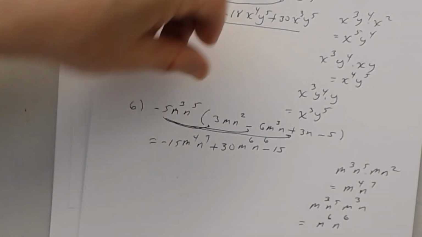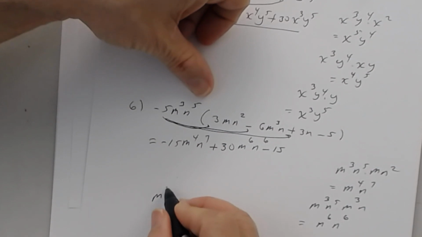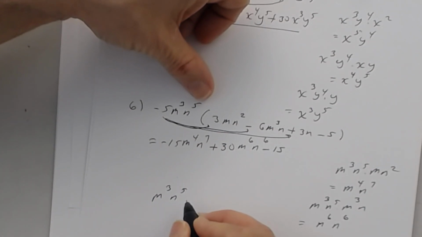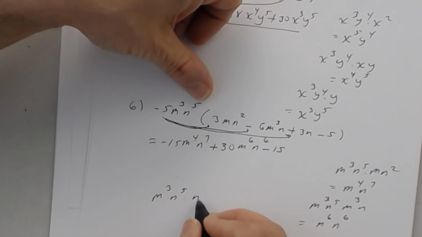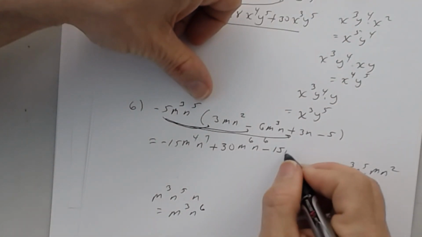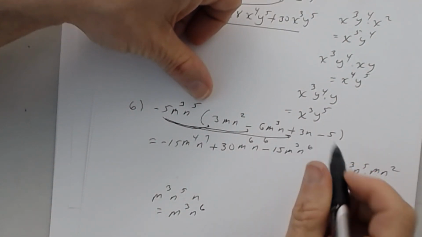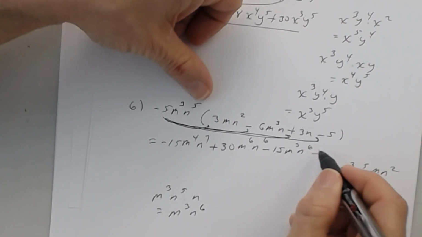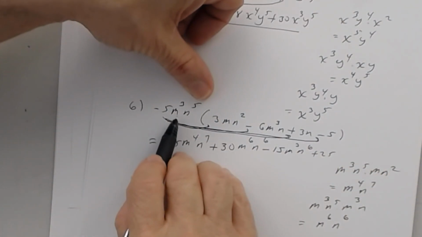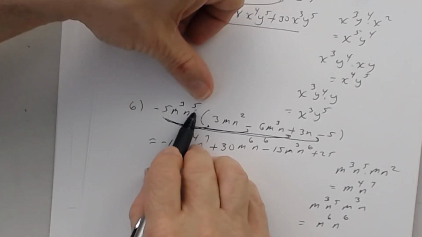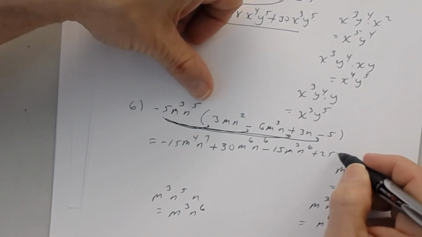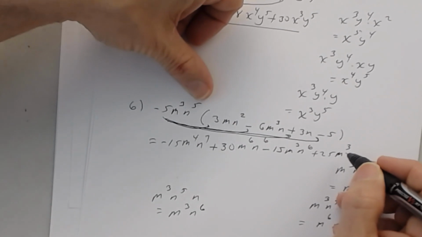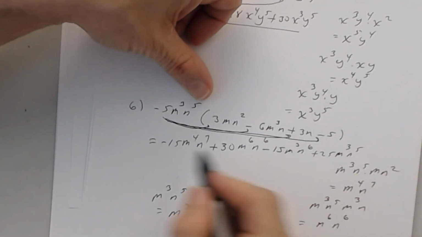Negative 15. All right, so I have m cubed n to the 5th times n. What is it? That's m cubed n to the 6th. What's a negative 5 times a negative 5? Positive 25. So what's negative 5m cubed n to the 5th times a negative 5? It's just 25m cubed n to the 5th. And so that's your answer.